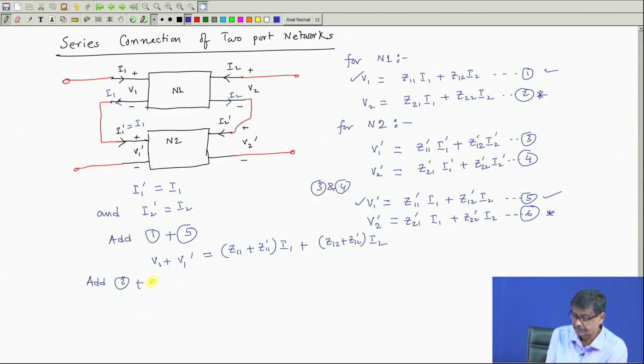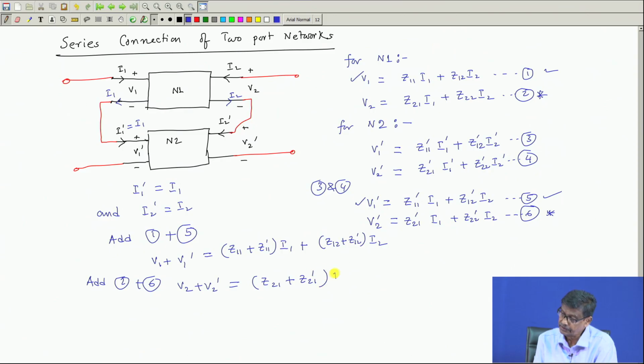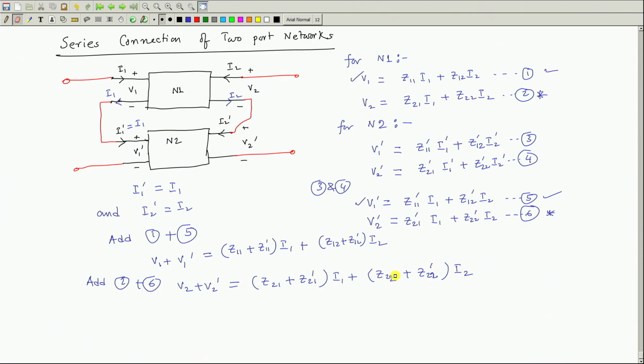If you add 2 plus 6, you will get V2 plus V2 dashed equal to Z21 plus Z21 dashed into I1 plus Z22 plus Z22 dashed into I2. This is what I will get.